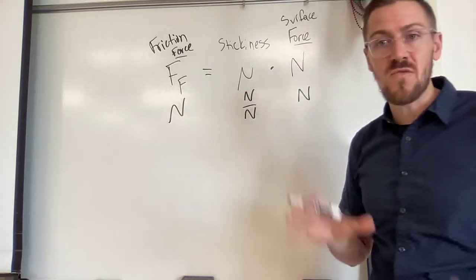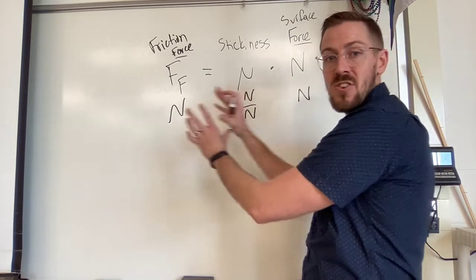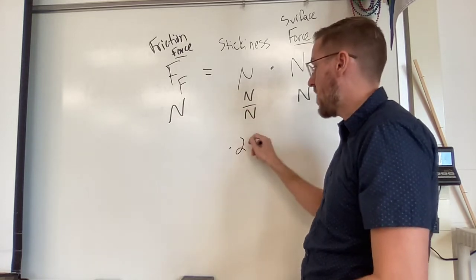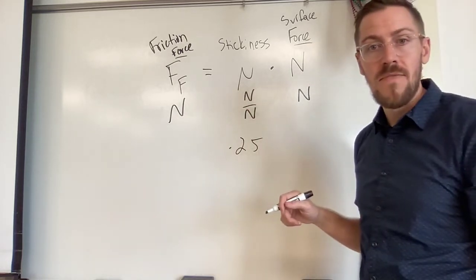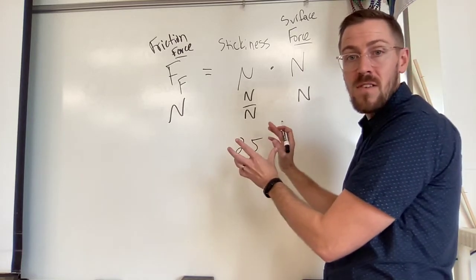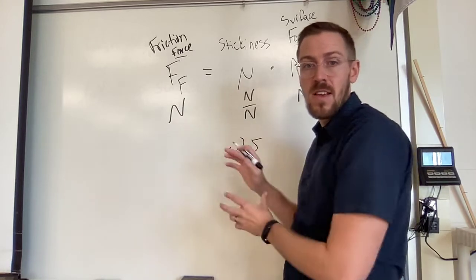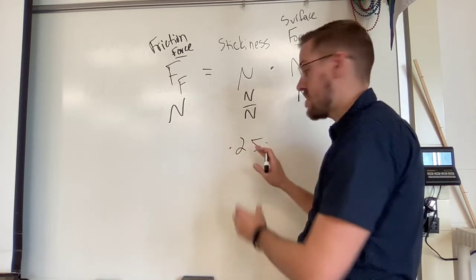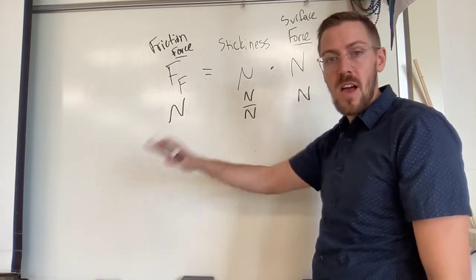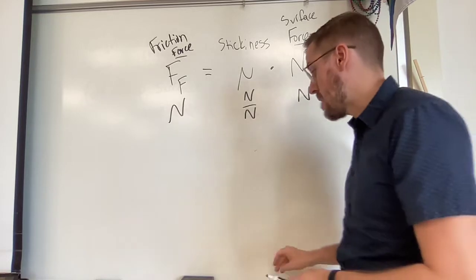It's a ratio for how much of the surface force gets turned into friction. So if this was like 0.25, that means for every 1 newton of surface force, you get 0.25, or 25%, of that as friction. So this is newtons per newton, and then both of these are newtons because they're measuring a force. Let me give you three very quick examples.